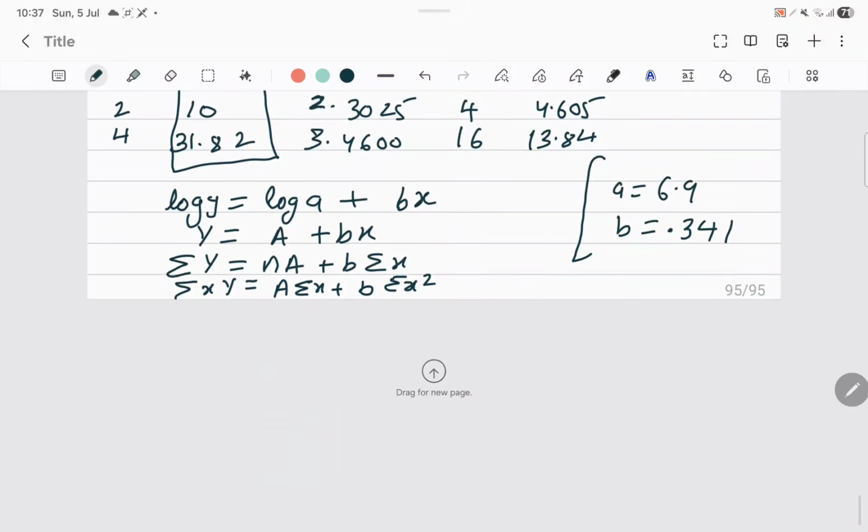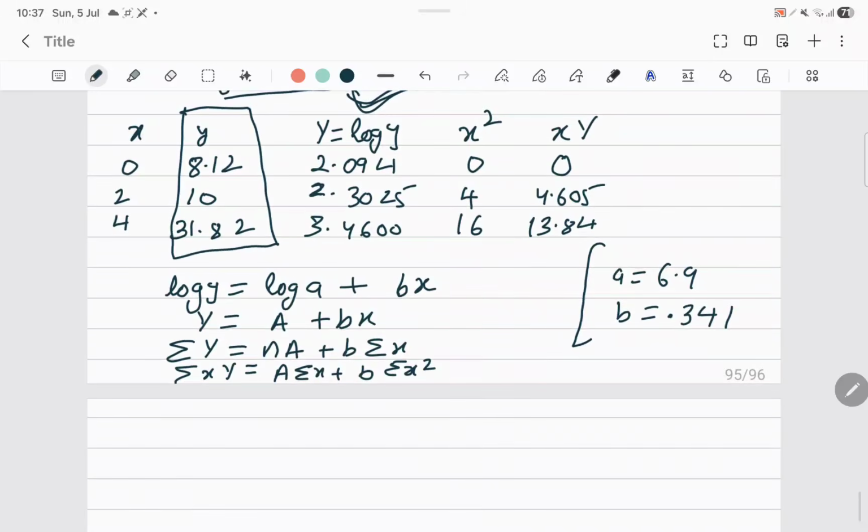Okay. Now what I'll do, I'll find out all the summations. What summations I need? I need summation of capital Y. So summation of capital Y, let us do. So it is 2.094 plus 2.3025 plus 3.46. So this is equal to 7.85. Okay.